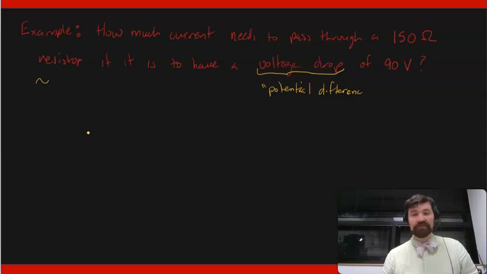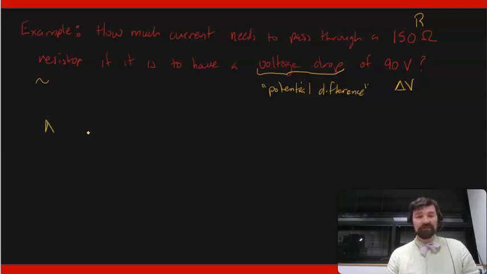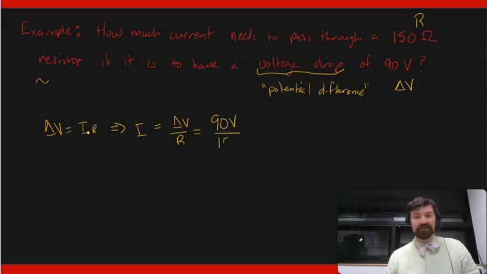And so this 90 volts is your delta V. This right here is your R. Delta V equals IR. That means that I is delta V over R. And so that is 90 volts divided by 150 ohms.